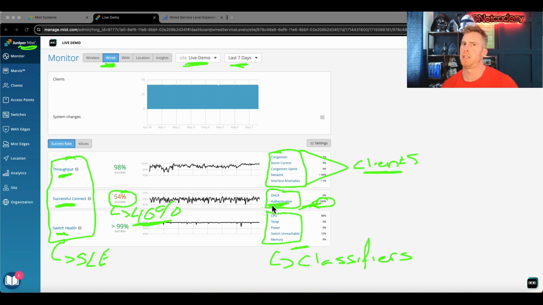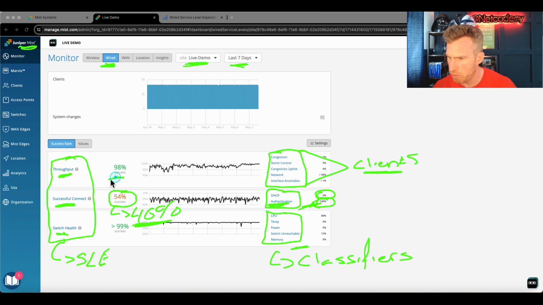Now that might be because the RADIUS server is down, maybe the RADIUS server service is unreachable, or maybe the user is entering the wrong password, or maybe the RADIUS server hasn't been configured for that password, etc. There are quite a few variations, but absolutely 100% of this missing 46% is due to authorization. There is 0% due to DHCP. So that's what the classifiers are doing, and they're able to do so at a very granular level.